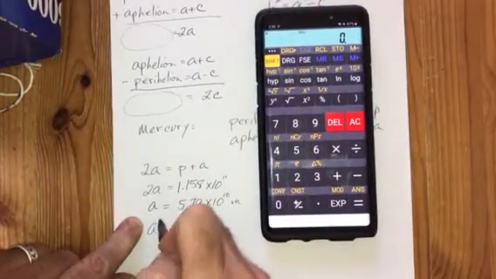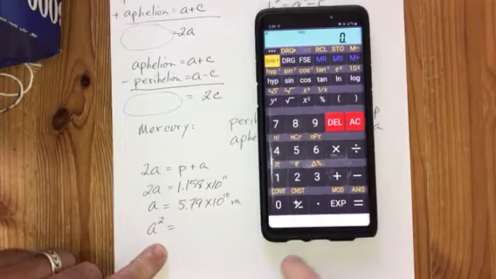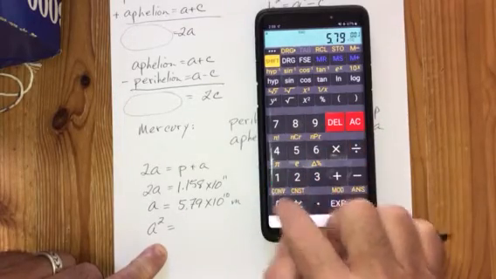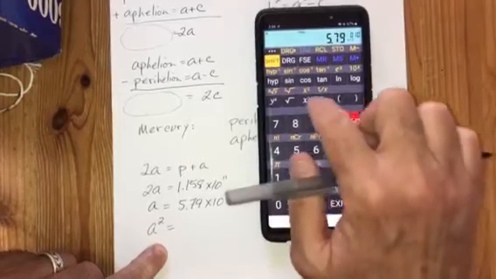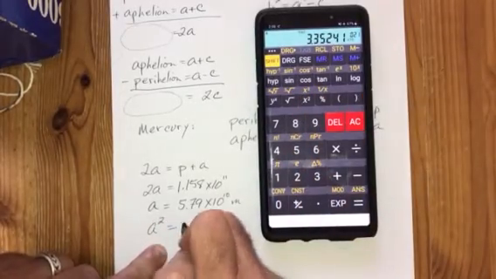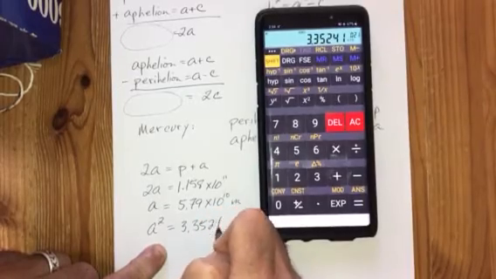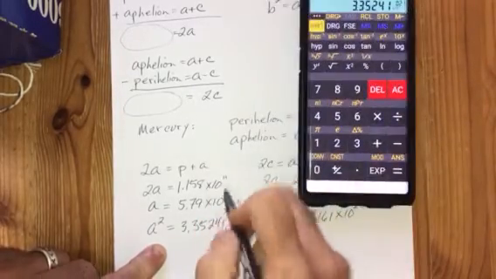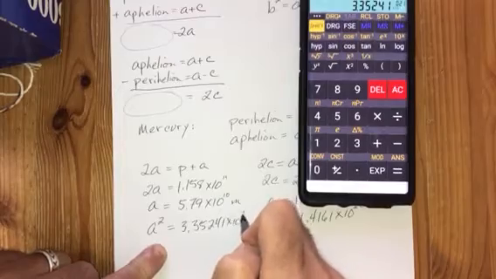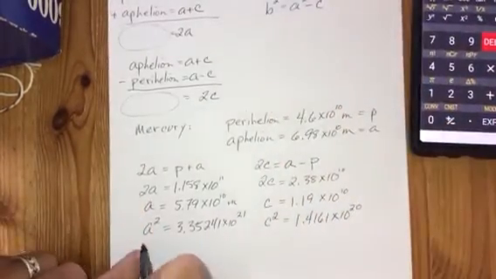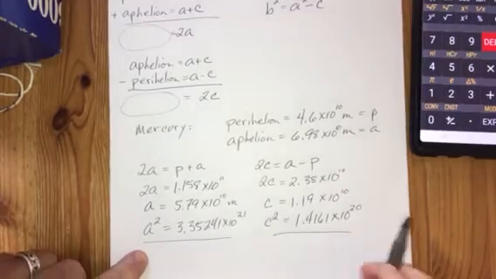And for a squared, we're going to take 5.79 exp 10 and then square that, and we get 3.35241 times 10 to the 21st power. Okay, so we now know what a squared and c squared are.